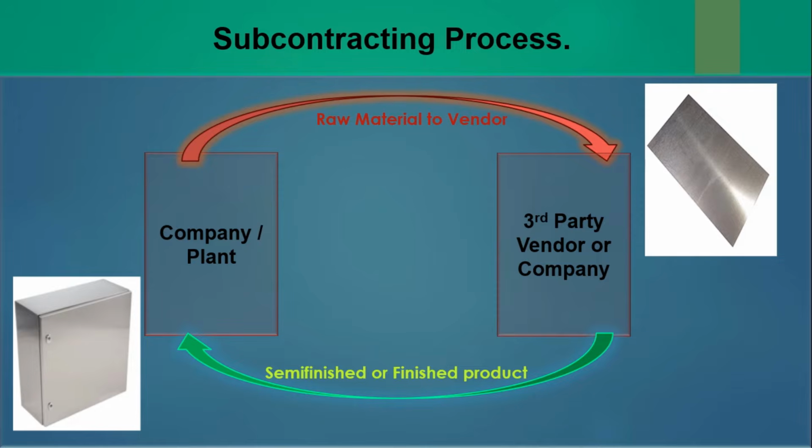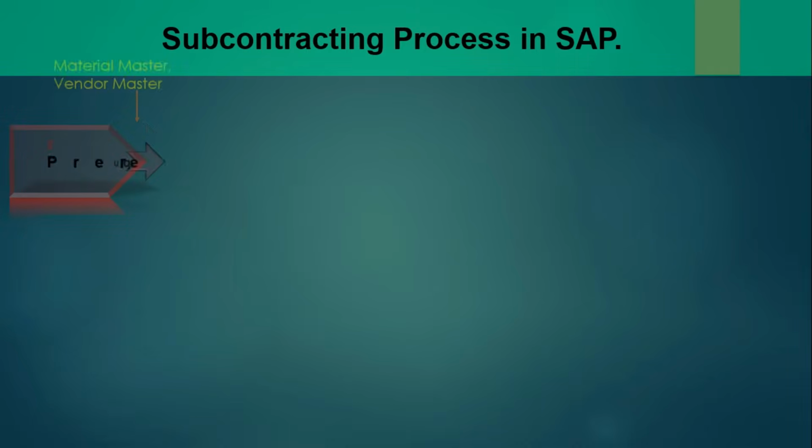Now let's see the subcontracting process in SAP, how it works. First, we require some prerequisites. So that is material master and vendor master.